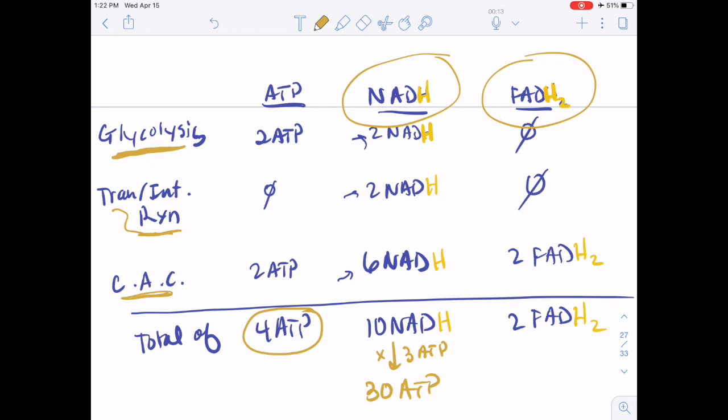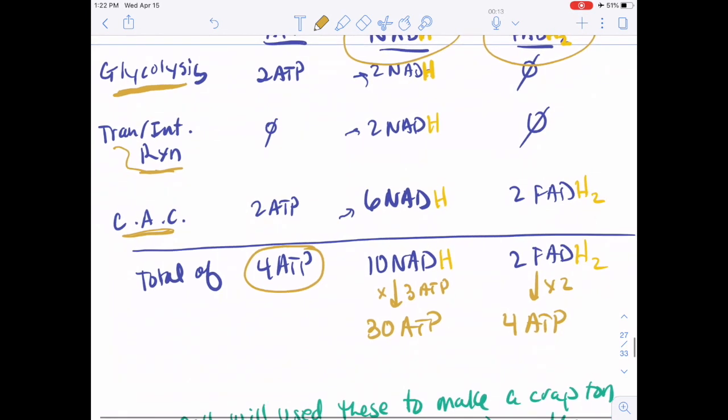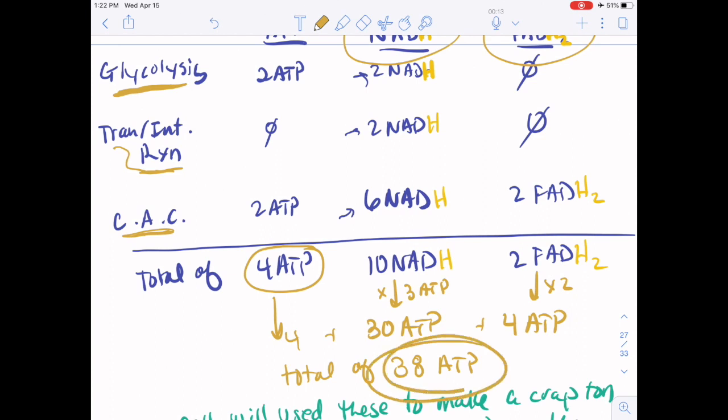And for every FADH2 we get 2, so we multiply that by 2, so 4 ATP from those 2 FADH2s. If we add all this up, we have 4 plus 30 plus 4. That is a total of 38 ATP. Cool, huh?